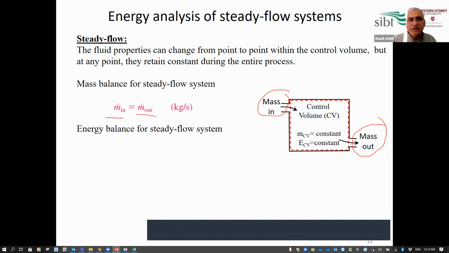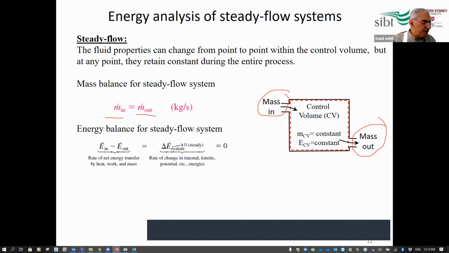And also, if you apply the energy balance, remember the energy balance we mentioned a few previous lectures ago, for a steady flow system, the rate of net energy transfer by heat, work, and mass must equal the rate of change in internal, kinetic, and potential energies.